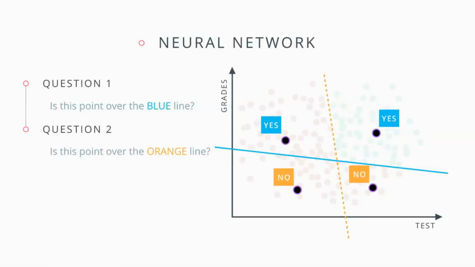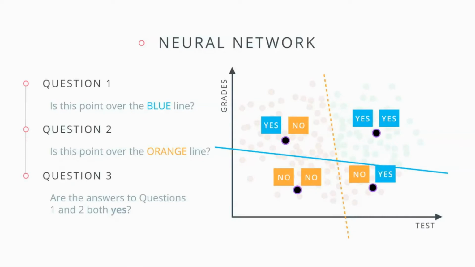And we can see that for the 4 points, the answers are no, yes, no, and yes. Now the third question will just take the answers from the previous 2 and combine them. So the third question is, are the answers to questions 1 and 2 both yes? And we can see that for these 4 points, the answers are no, yes, no, and no.